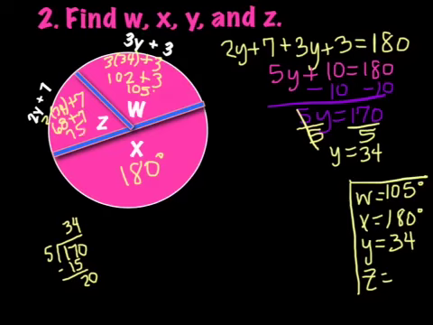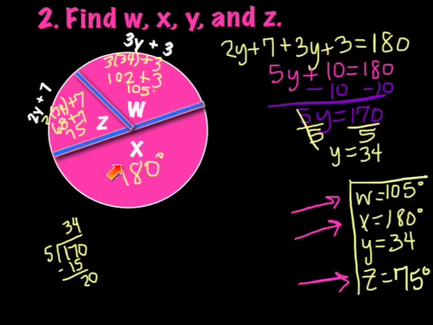So that means that would give us Z as 75 degrees. So I'll go ahead and write it right here, 75 degrees. So take a look at all of the angles that we found. We found W, we found X, and we found Z. If you add all those up, guess what you get? 360 degrees. Pretty cool.